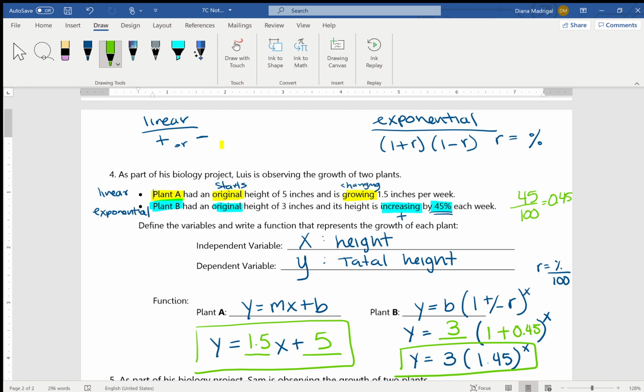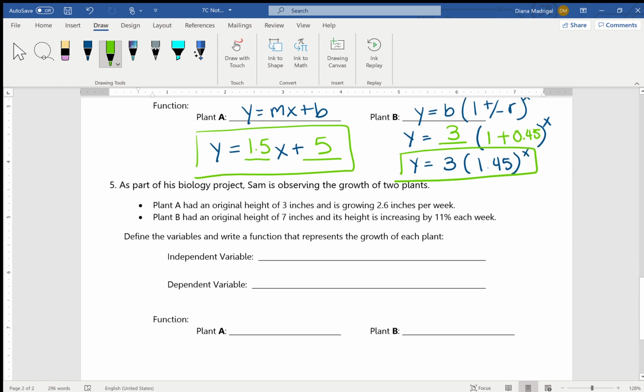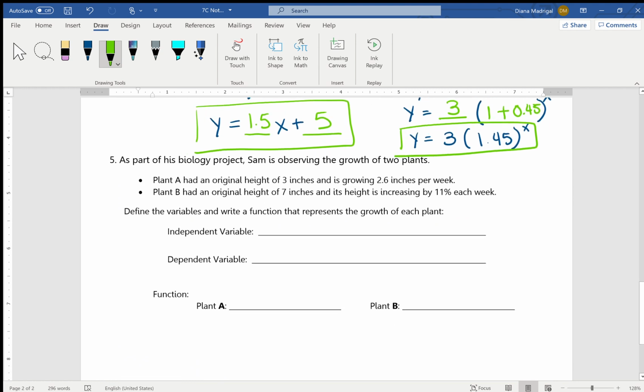Okay, let's try another one. As part of his biology project, Sam is observing the growth of 2 plants. Plant A had an original height of 3 inches. Original means the starting point. Plant A, 3 inches, and is growing 2.6 inches. Growing is telling you it's changing. Remember what's changing? Your slope. Your slope is your change.